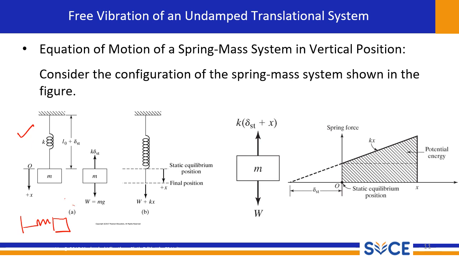Initially, in diagram A, the spring has its own free length L naught. When the mass M is attached to the spring, it extends by an amount delta static, that is the deflection at static. At this point, the spring force, that is k delta static, exactly balances the weight W, which is equal to mass times gravity. Now we further displace the mass by a distance x.